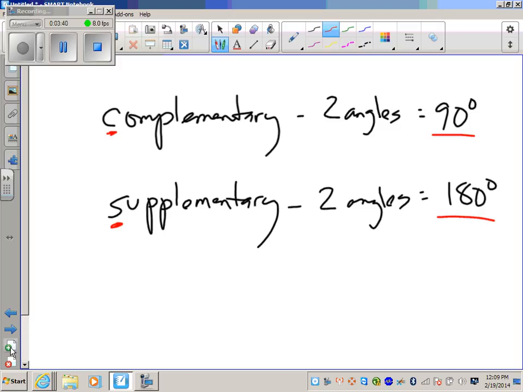If I have a 10-degree angle, what would be its supplement? This 10-degree angle, and what other angle is going to equal 180? 170. Very good.